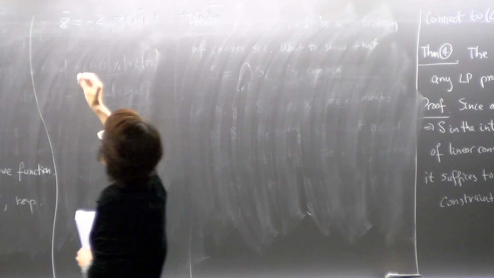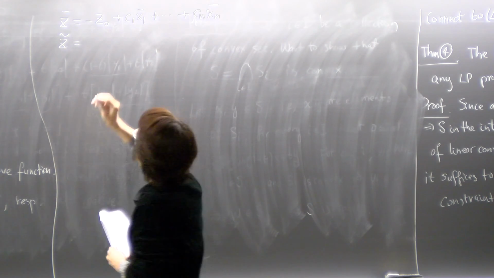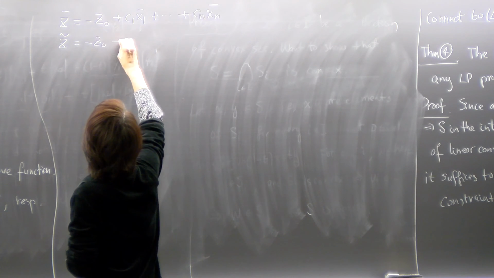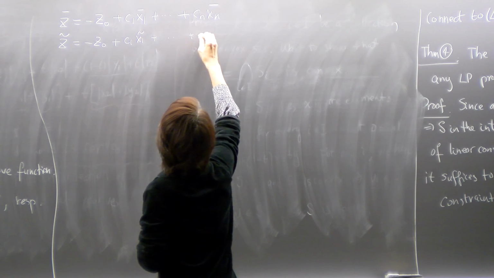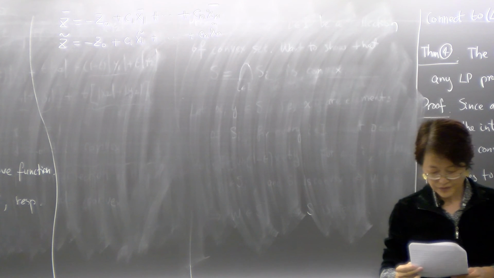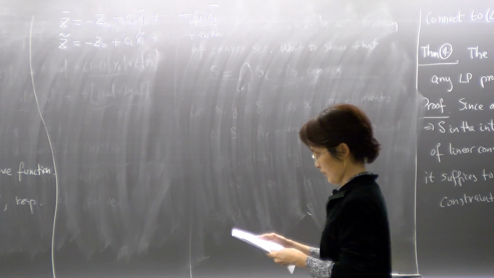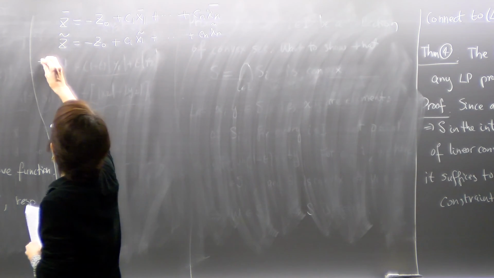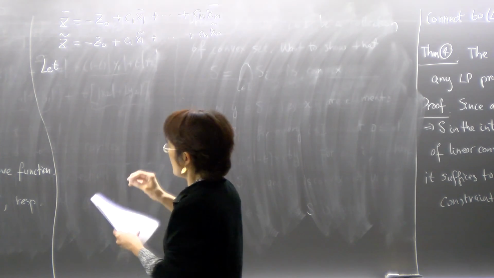Okay, z bar is attained there, and z tilde is attained at x tilde. Now I do a convex combination of these two.